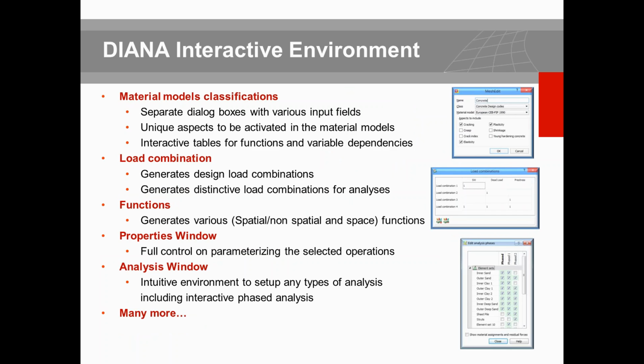In order to define the material property, we have two levels. The first one is the material class and material type. In the material class, you may say, I'm dealing with concrete, I'm dealing with masonry, I'm dealing with steel. And in the material type, you can select and assign the correct constitutive model associated with that material class.